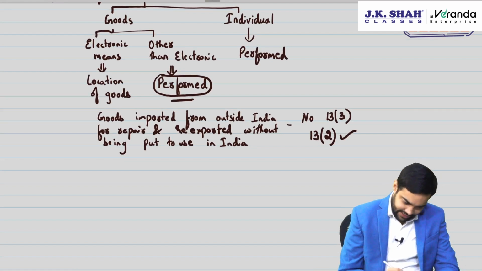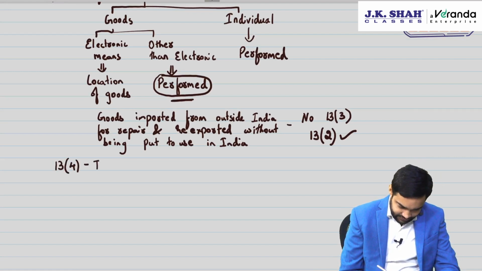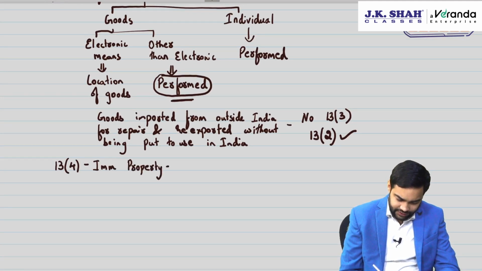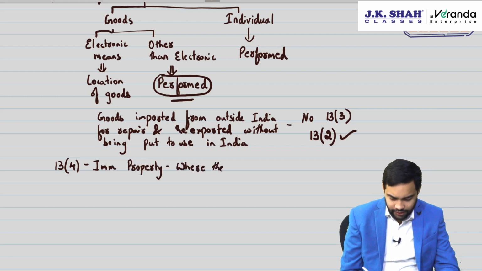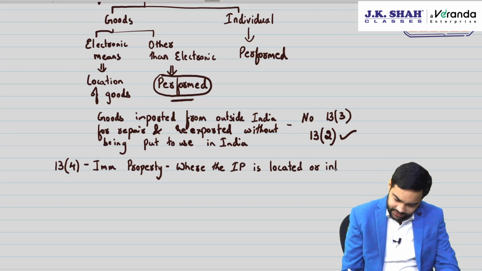Then the next one is 13.4, which deals with immovable property. Now, immovable property, the law has kept it very simple, where the immovable property is located or intended to be located. Now, be very careful about some key points.